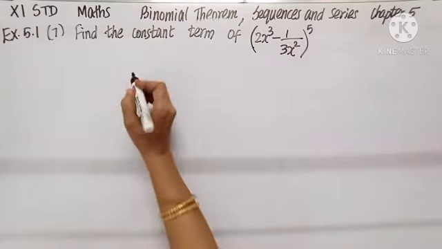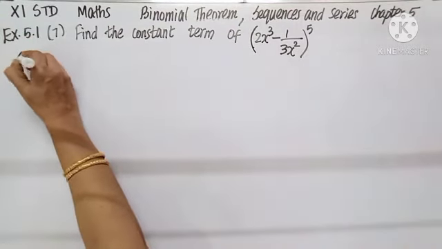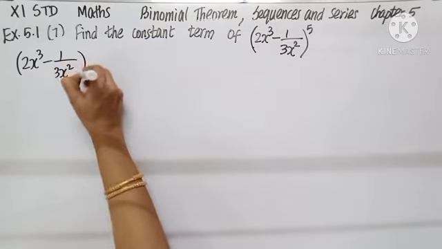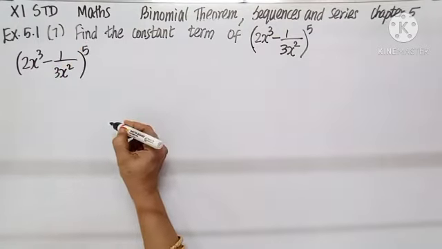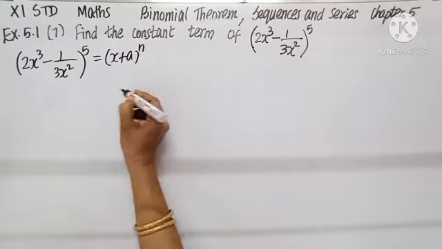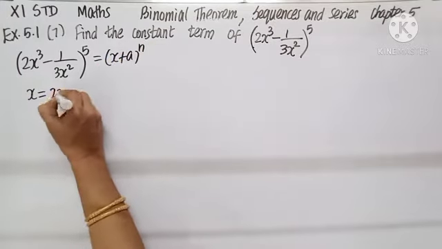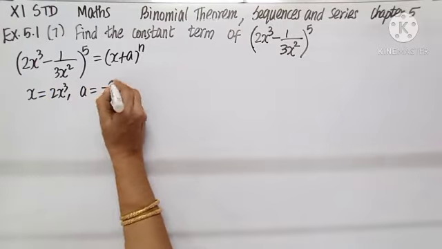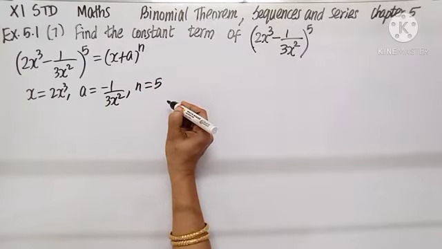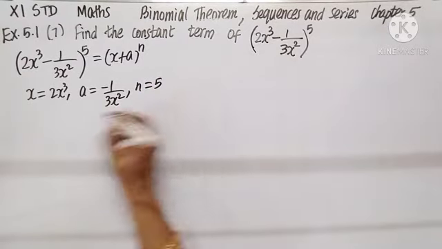Question number 7. Find the constant term of (2x cube minus 1 by 3x squared) the whole power 5. Comparing this with (x plus a) power n: x the first term, a the second term, n the power. How will you write the general term?